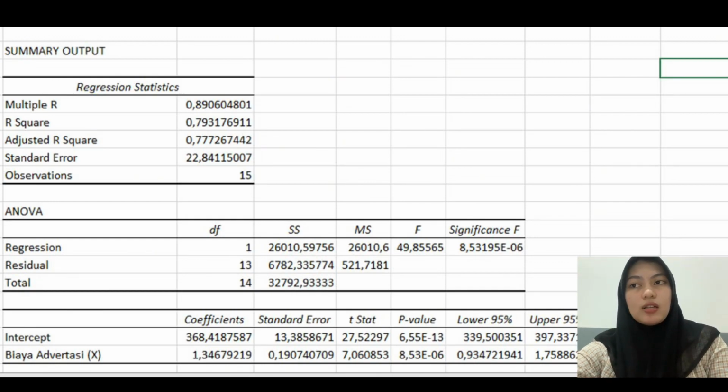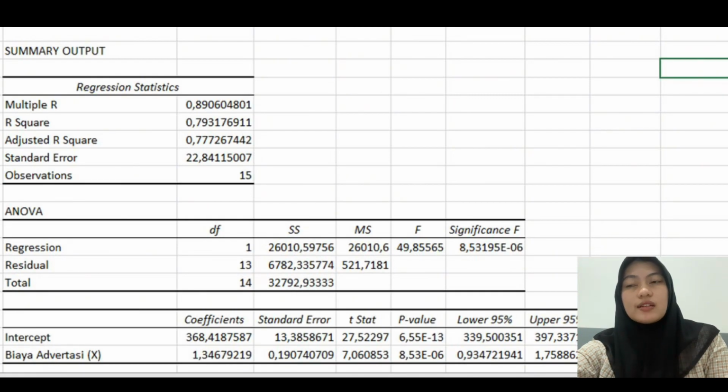The third table is the coefficient table. First is coefficient. Coefficient values show the magnitude of the influence of each variable x on y. And for the second is standard error, which indicates the level of uncertainty or variation of the coefficient estimate. And for the third is t-stat, the value of the t-test statistic used to test whether the coefficients are individually significant or not.